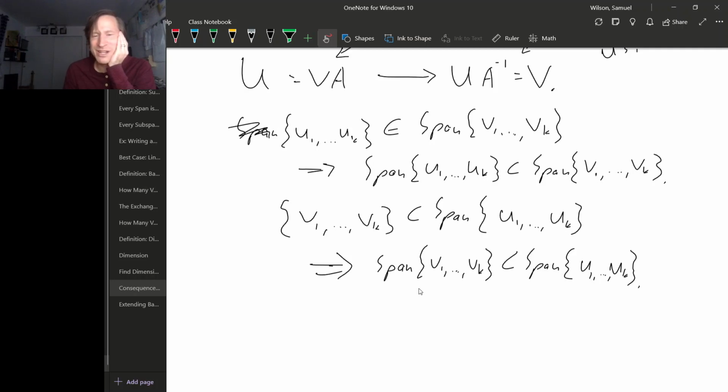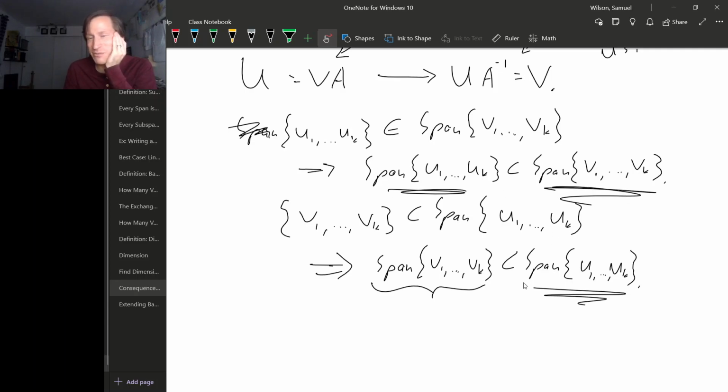Okay, but look, this tells us that the subspace of vectors that we started with is actually contained in the span of the u's, but the span of the u's is contained in the subspace we started with, but that means that really these are equal. These two spans are equal.